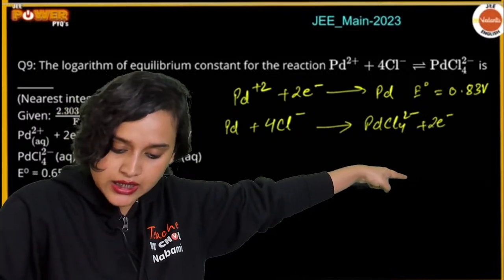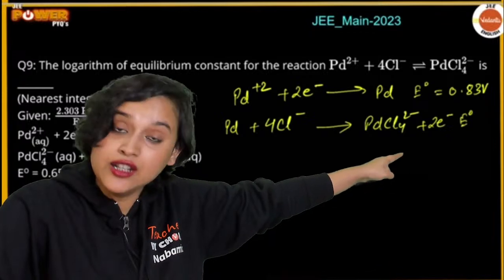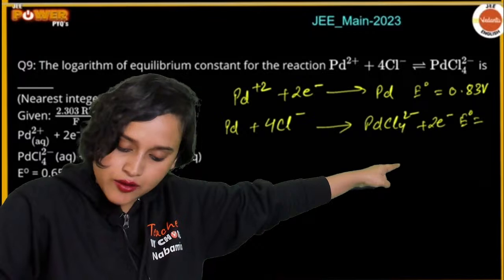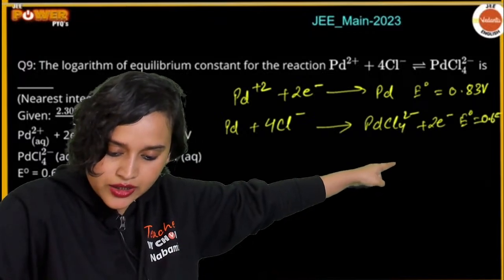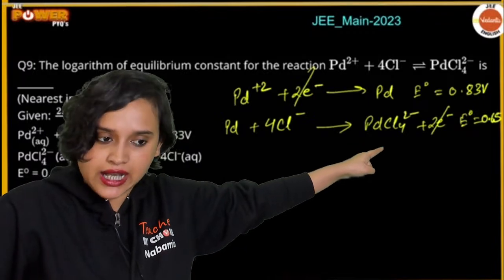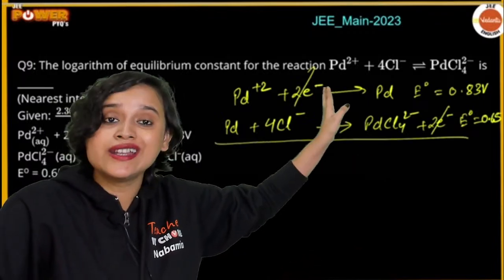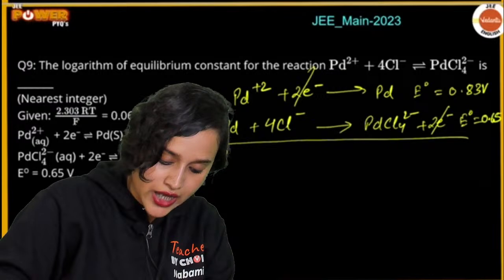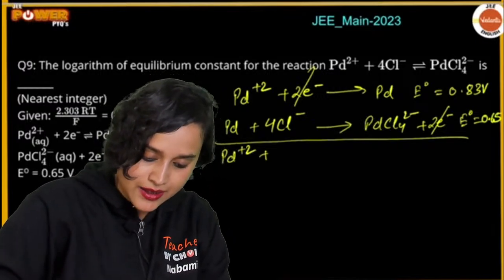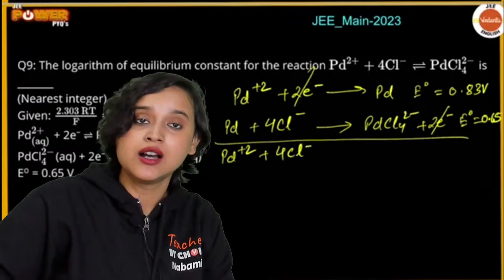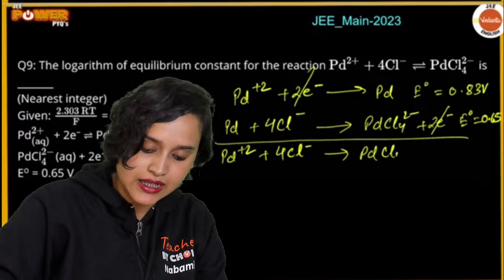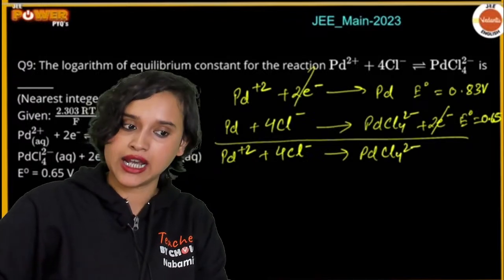And right here E naught is given as 0.65, so I'm going to write it down here, 0.65. Clearly these two electrons will get cancelled. So our overall reaction will become Pd2 plus plus 4Cl minus gives us PdCl4 2 minus. Am I right, everybody?